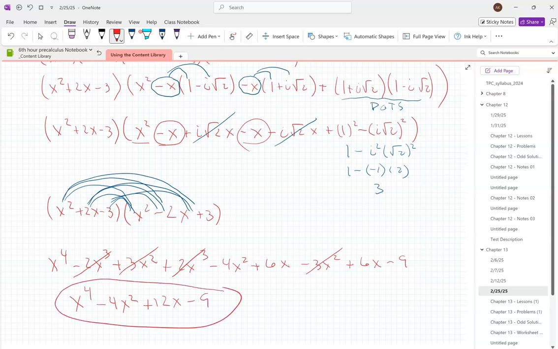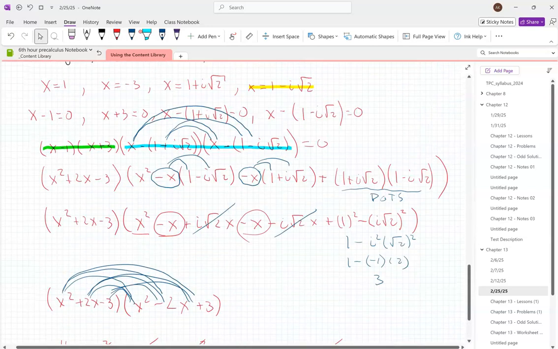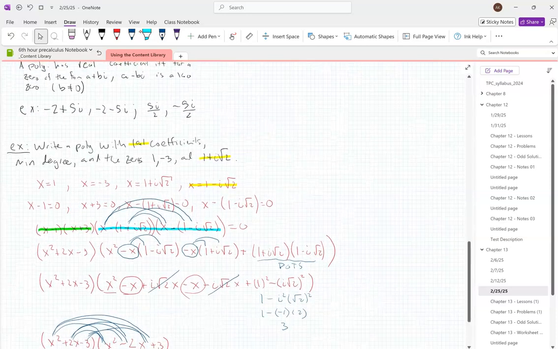So there's my polynomial. It has real coefficients. It needed to have 4 solutions, so the minimum degree it has to have is 4, which it does. All the coefficients are real numbers. This satisfies the requirements of the question. So if we go back and look at this, what was the hardest part about this?